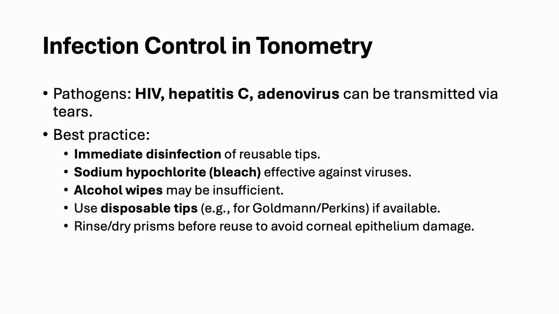Alcohol wipes alone may not be sufficient, so they should not be relied on as the sole disinfectant. Whenever possible, disposable tips, like those used for Goldmann or Perkins tonometers, should be used to reduce the risk of transmission. And finally, always rinse and dry prisms thoroughly before reuse to avoid damaging the corneal epithelium. By following these protocols, we can ensure both patient safety and accurate IOP readings.